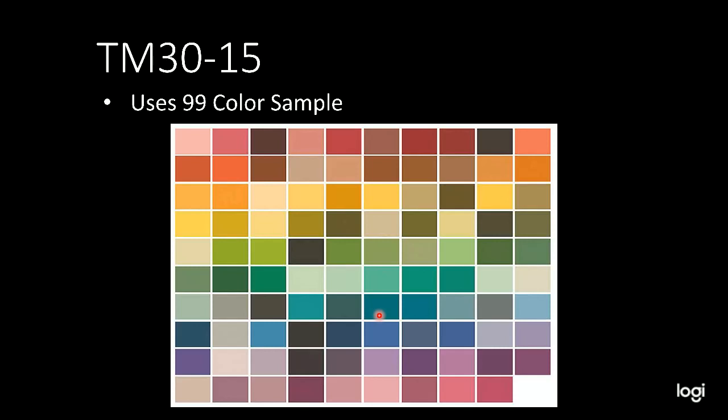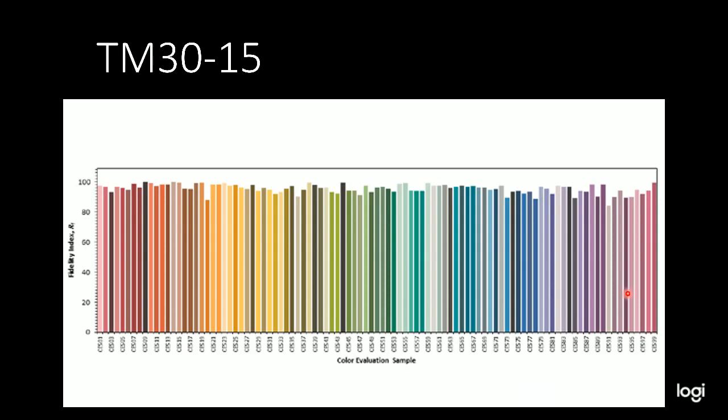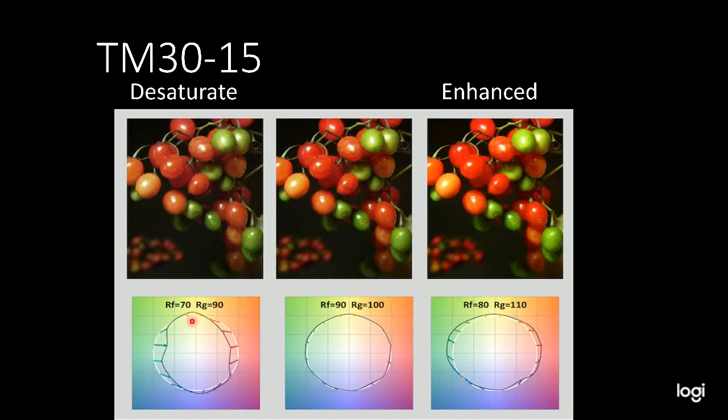In this system, there are 99 different color samples. A lighting fixture is measured across 99 different color samples and how well it's able to reproduce those colors. So let's look at it in action.